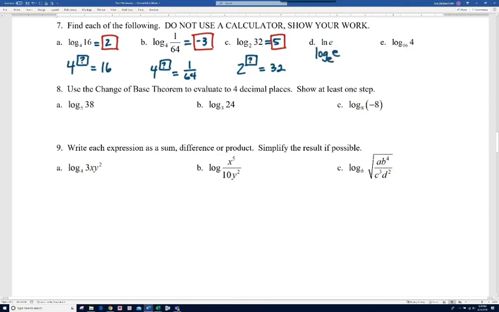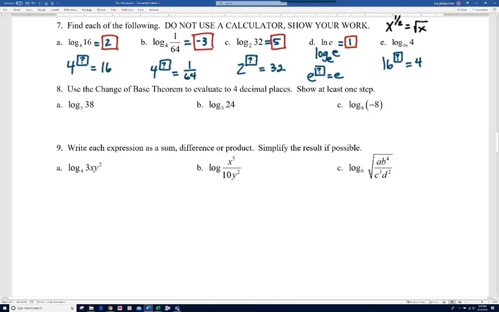On letter D, you could write this as log base e of e. So the question is, what exponent do you put on a base of e to get e? Of course, that would just be 1. And then on letter E, what exponent do you put on a base of 16 to get 4? Now this one's a little bit tricky. You've got to remember a rule of exponents that we've discussed in the past.